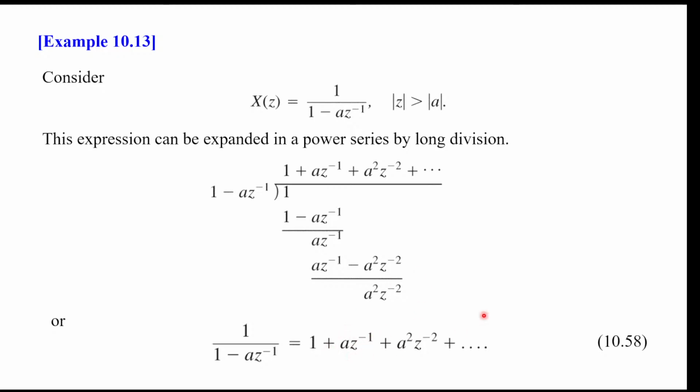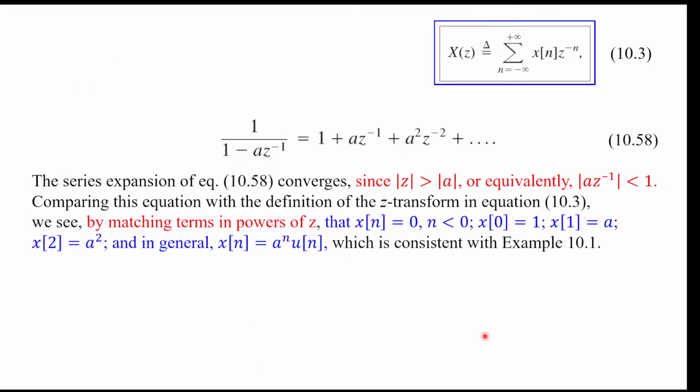Okay. And then here the ROC is important because we have that absolute value of z greater than absolute value of a, so this power series expansion is convergent and it makes sense. Okay. Because each term gets smaller and smaller in absolute value. 1 plus a z to the minus 1 plus a squared z to the minus 2 plus dot dot dot.